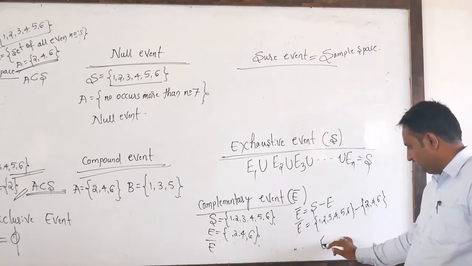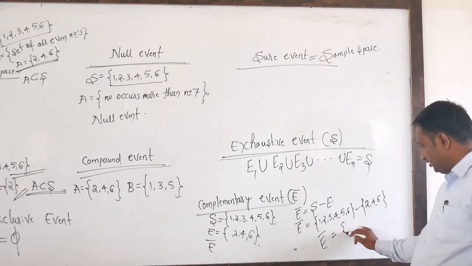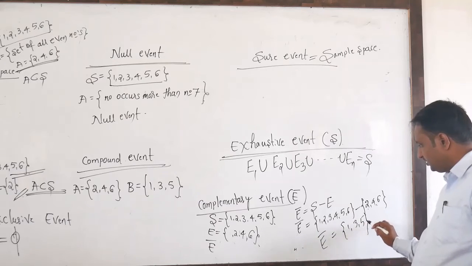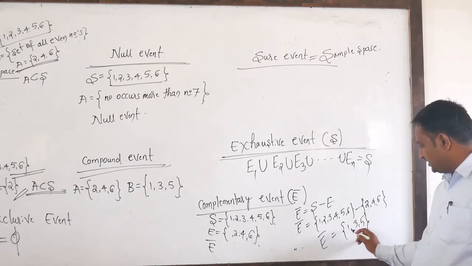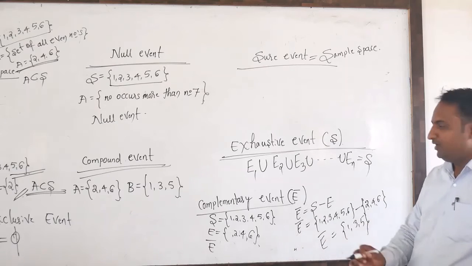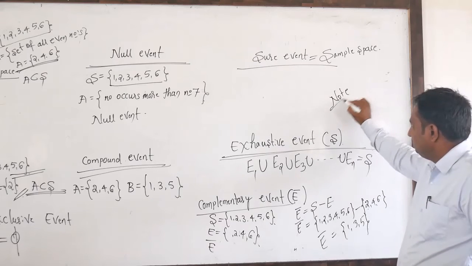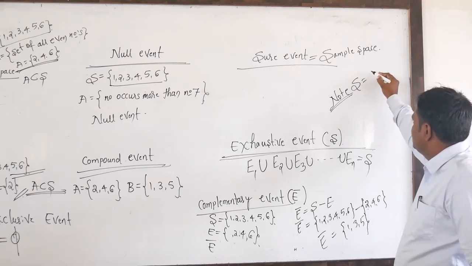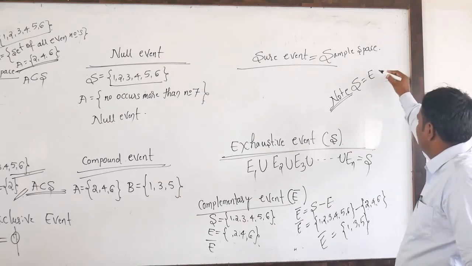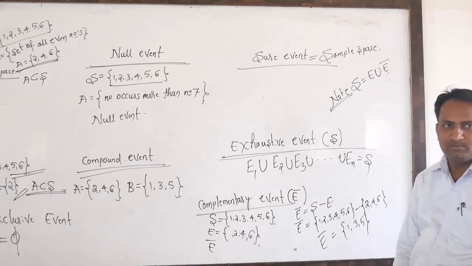Definitely the complementary event of this is 1, 3, 5. A very important note is that the sample space is equal to E union E bar.